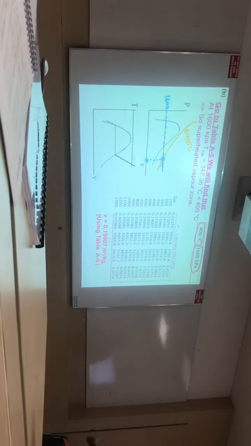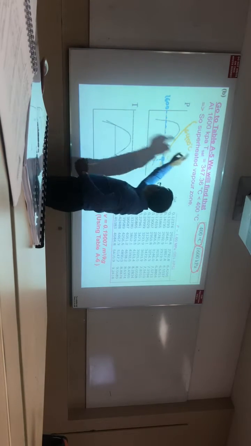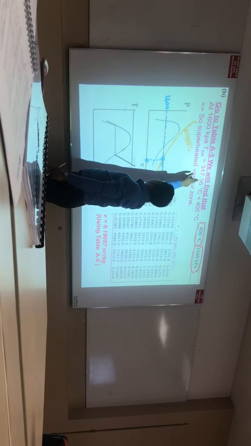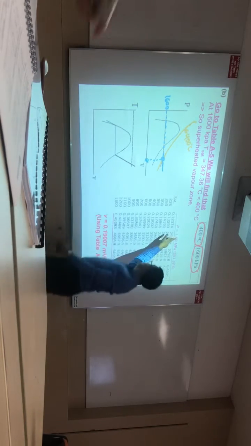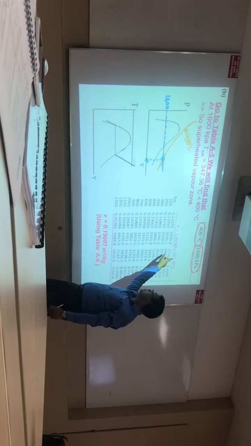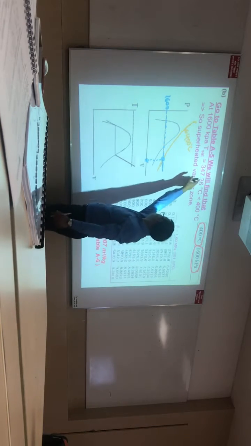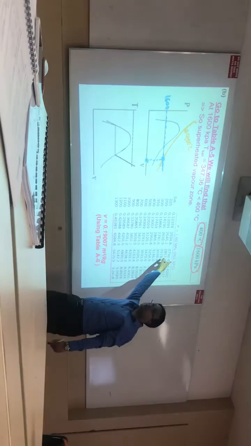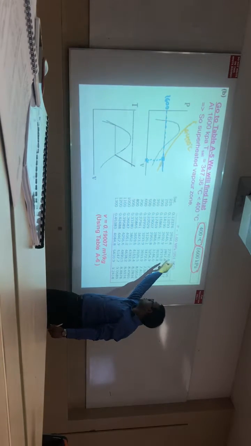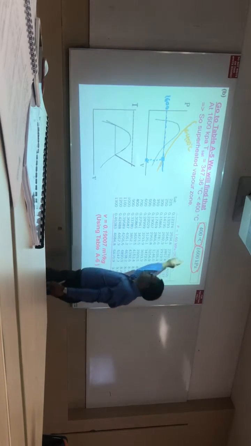Now the question is, how do you know? At 1600 kilopascal, T saturation is 201.37. This one, not this one. Okay, so 201.37 is lower than 400.